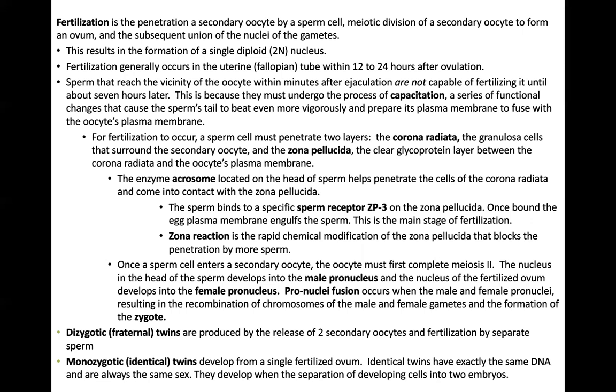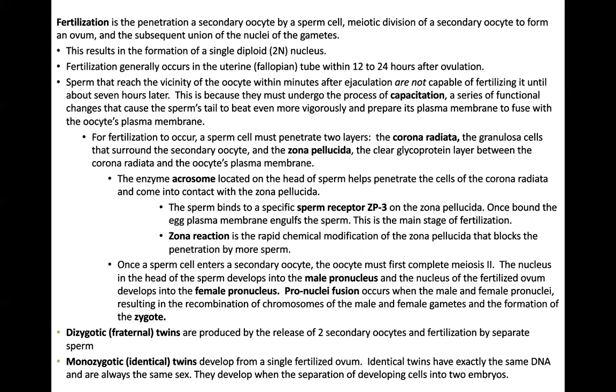At this point, the two nuclei are separated, and so the chromosomes are still separated, but then those nuclei fuse. We call it pronuclei fusion, and that results in the recombination of the chromosomes. In other words, the 23 from the egg and 23 from the sperm come together, forming that diploid zygote.